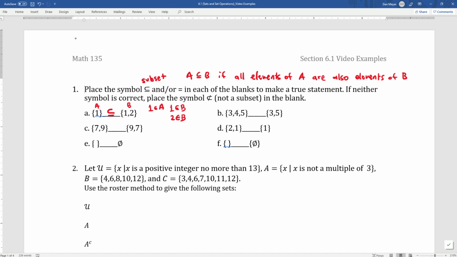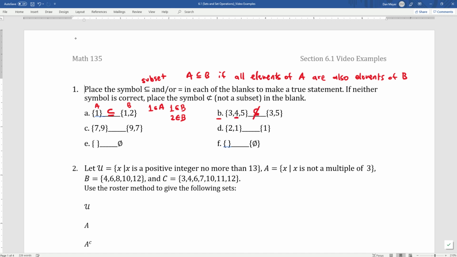All right, looking at our second example, example B here, we have the set consisting of the elements 3, 4, and 5, as well as the second set that just consists of the elements 3 and 5. In this case, the first set is not a subset of the second one.